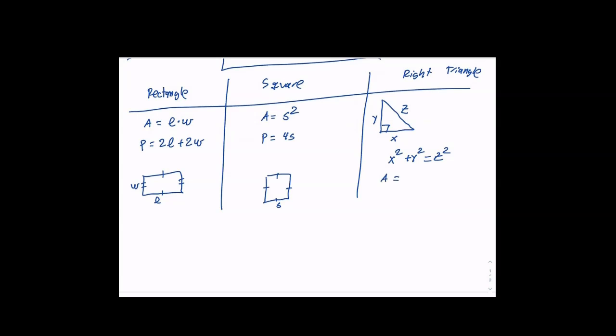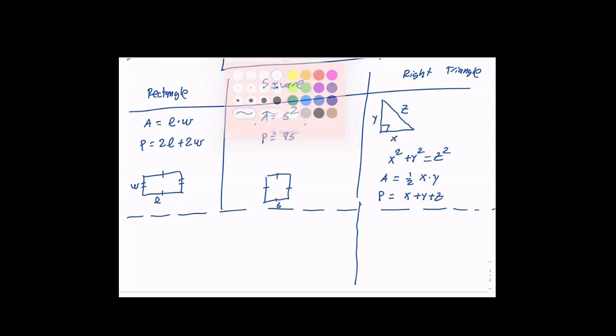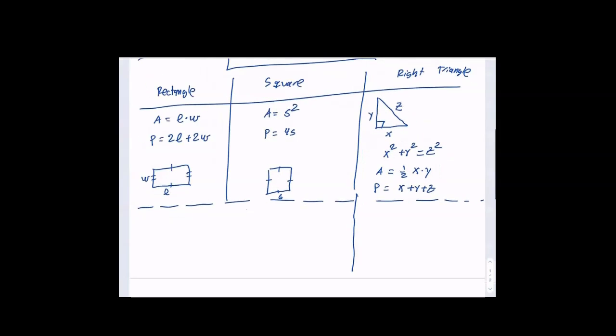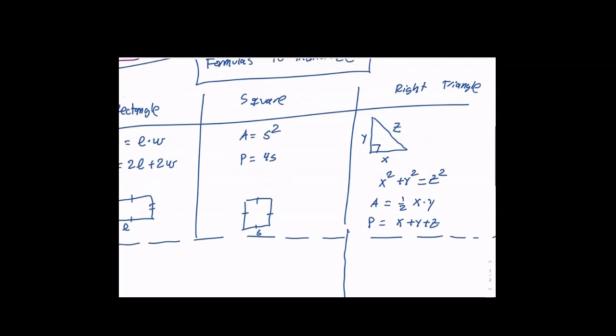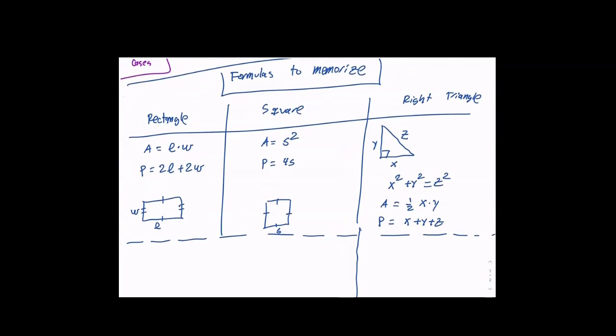Area is equal to 1/2 X times Y. The perimeter is X plus Y plus Z. These are the relationship formulas that you will be responsible for in tonight's homework. You're going to be utilizing those ones.